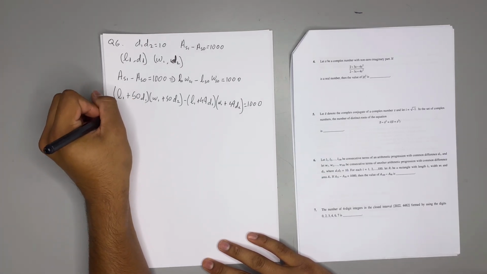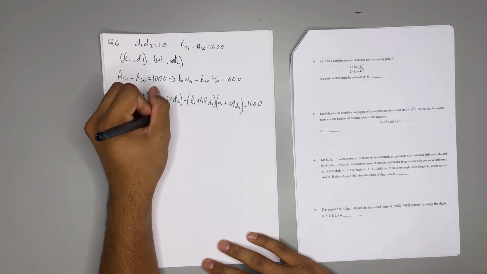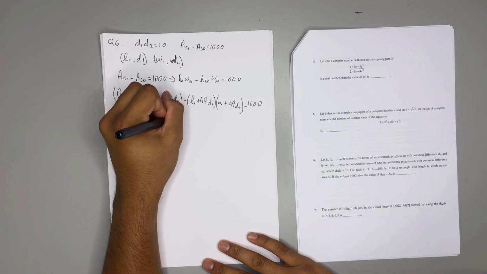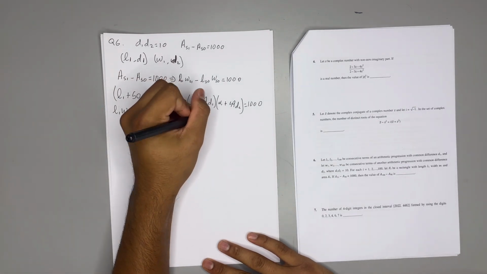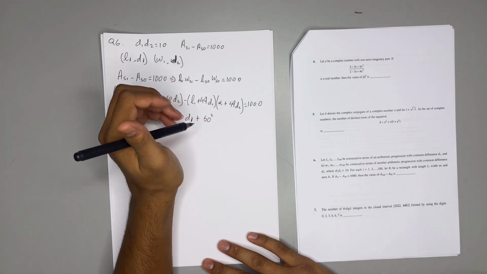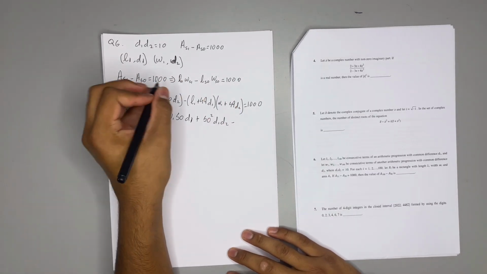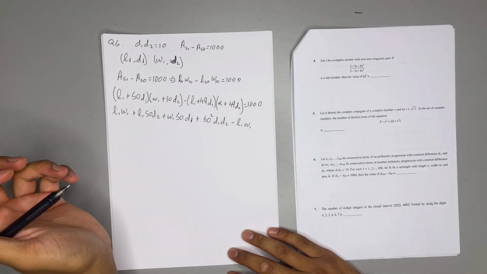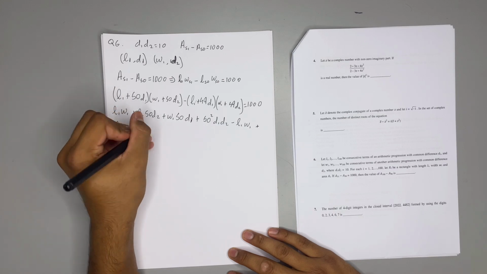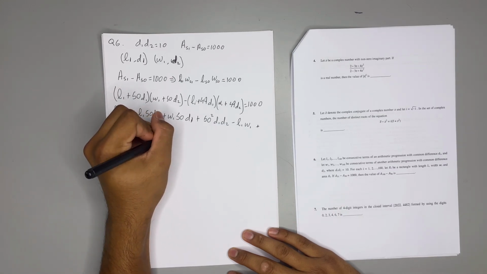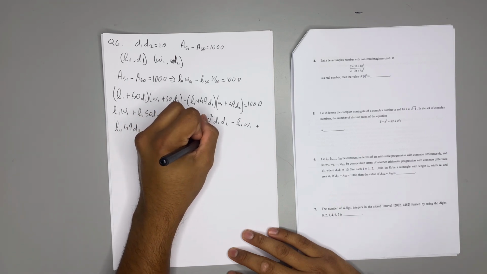We then get L1 W1 plus L1 50 D2 plus W1 50 D1 plus 50 squared D1 D2, minus this side now L1 W1 plus L1 49 D2 plus 49 D1 W1 plus 49 squared D1 D2 equals to 1000.